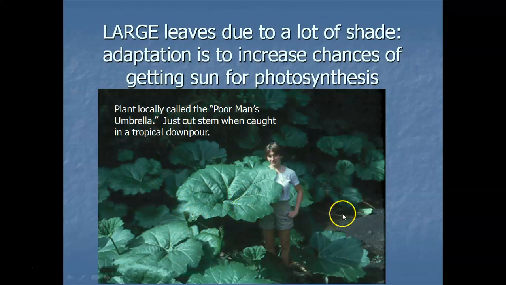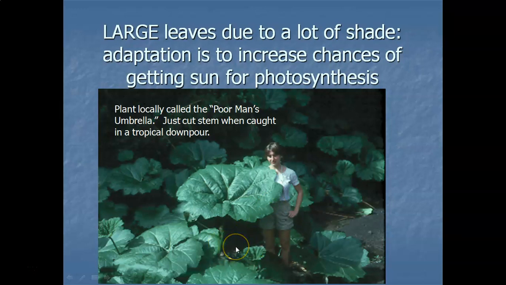Now, I remember we were at the side of the road, and it was cloudy and rainy, on and off. And we had to wait a long time to get a little break in the clouds to get some sun so we could get a nice picture of this one plant. This plant is called the gunnera in the tropics. Locally, well, this was taken in Costa Rica, it's called the poor man's umbrella because it grows on a stalk.